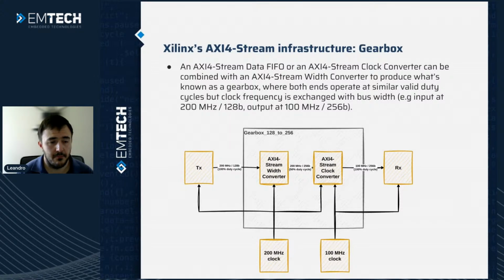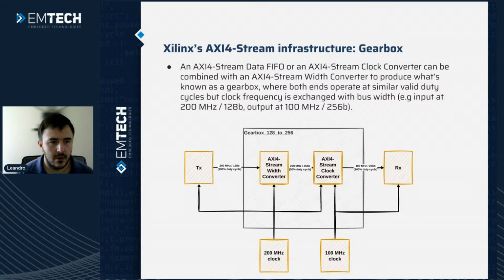You can build a gearbox if you combine a CDC data FIFO or clock converter and a width converter. A gearbox is usually what you call something where you interchange frequency with bus width. I don't know if you can read it here, but in this example, the throughput at the ends is both 100% duty cycle and the actual throughput is the same.